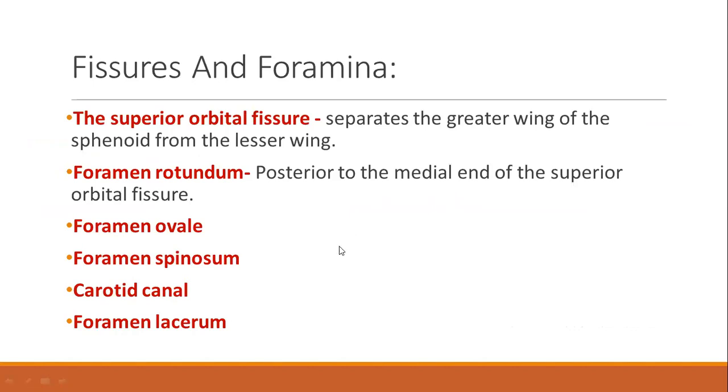Fissures and foramina. In the middle cranial fossa, we have the superior orbital fissure, foramen rotundum, foramen ovale, foramen spinosum, carotid canal, and foramen lacerum. The superior orbital fissure separates the greater wing of the sphenoid from the lesser wing, and foramen rotundum is posterior to the medial end of the superior orbital fissure.